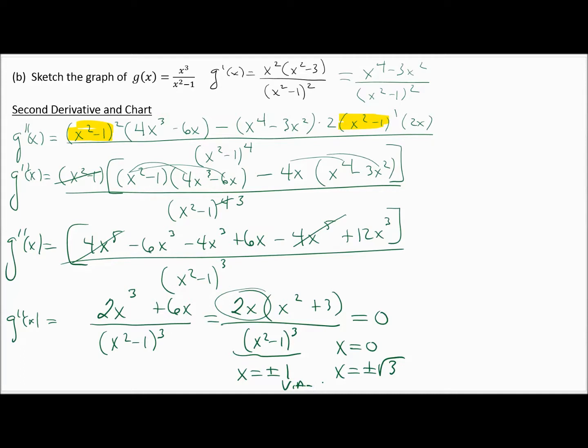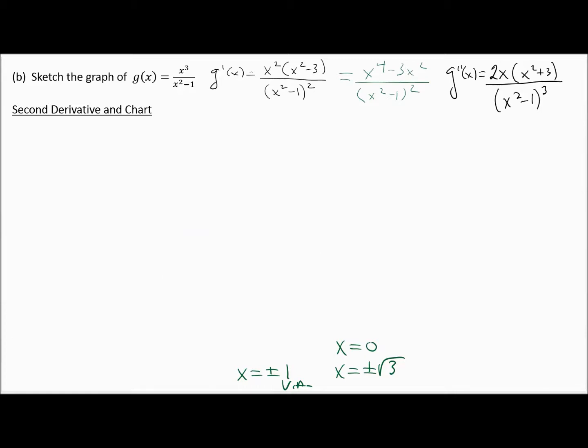So when I do my chart, I still need to include those values when I divide up my intervals. It looks like the same chart we had before, doesn't it? We're going from negative infinity to negative square root of 3, negative square root of 3 to negative 1, negative 1 to 0, 0 to 1, 1 to square root of 3. So let's do a chart.